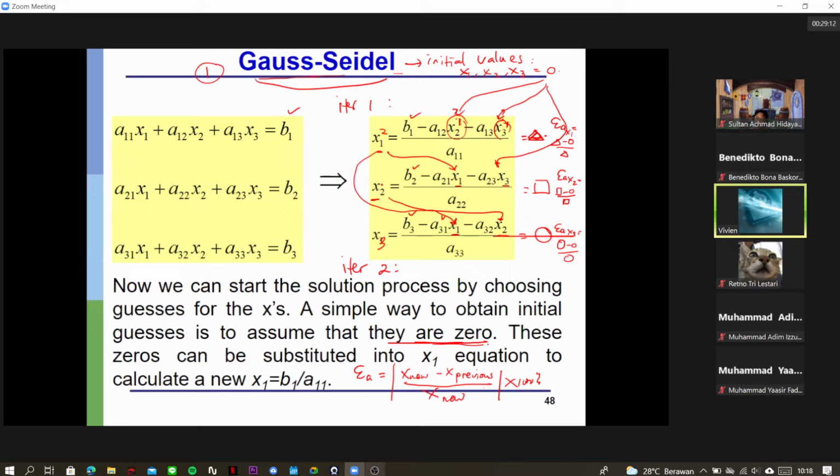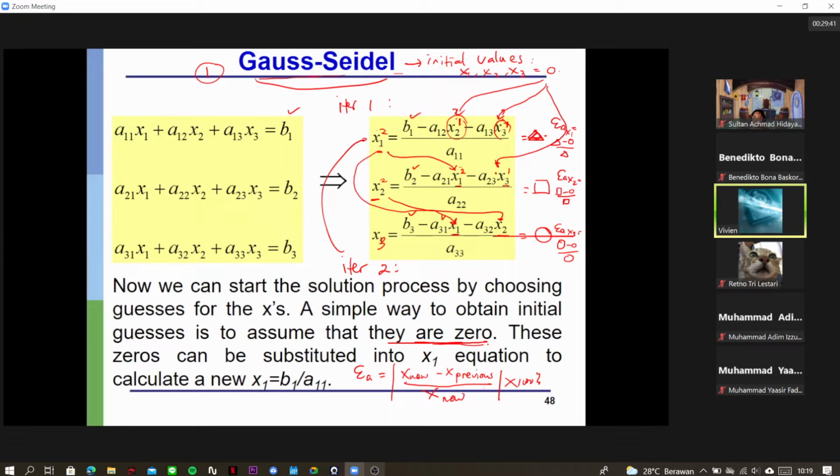And then when we want to calculate the x2 value in the second iteration, x1 is already calculated from the second iteration, so we can use the new value from the current iteration. What about the x3 value? Because x3 is not calculated yet, we take that from the previous iteration, so we get the value of x3 from the first iteration before.